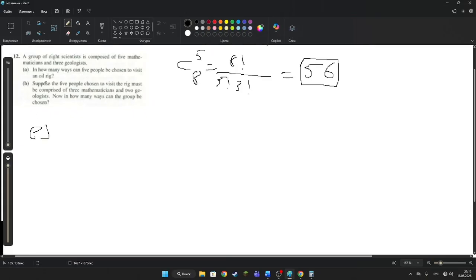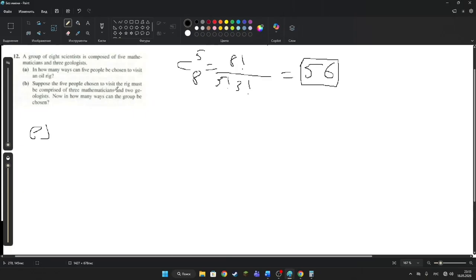And the B case. Suppose the 5 people chosen to visit the rig must be comprised of 3 mathematicians and 2 geologists. Now, in how many ways can the group be chosen? So our choice is divided into 2 independent parts.